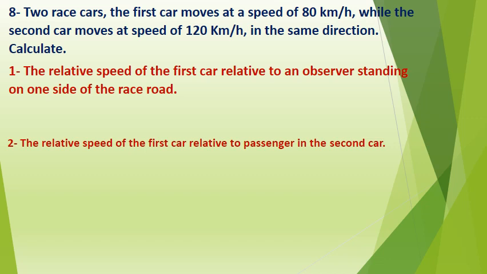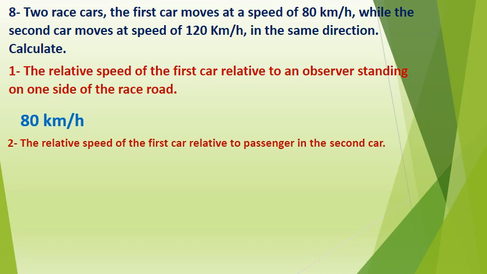The relative speed here equal the real speed of the first car as the observer is at rest. So the observer sees the real speed of the first car. Then the relative speed here equal 80 km per hour.